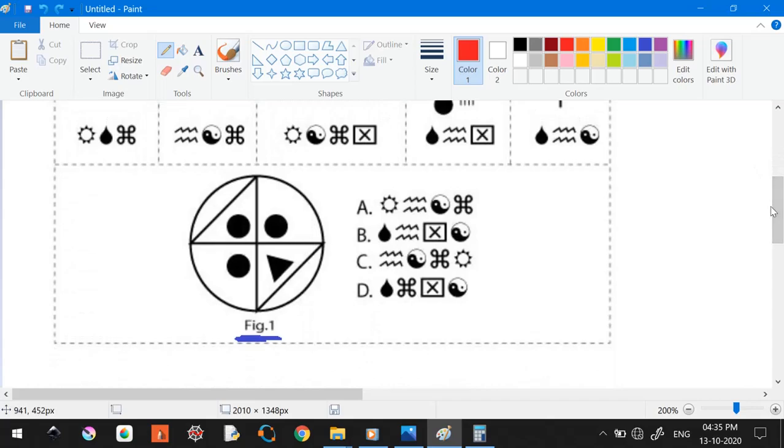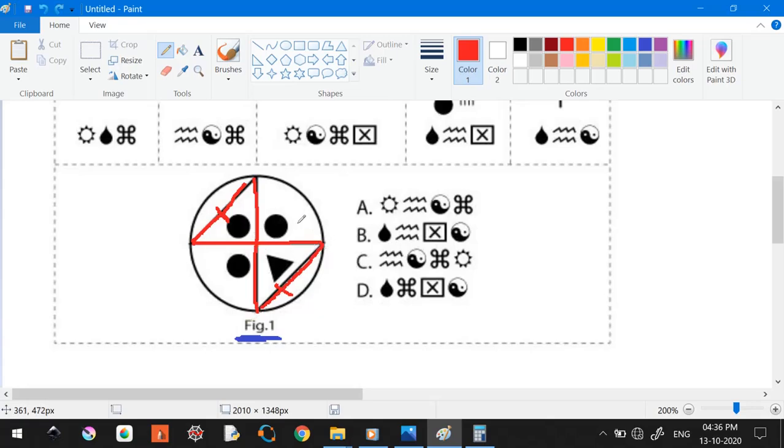Let's check the other, or we can straight away go to the options and see if we are fortunate or not. I see one line here, another line here, a third line here, and a fourth line here. These are parallel, and these two are perpendicular. So four lines are there.